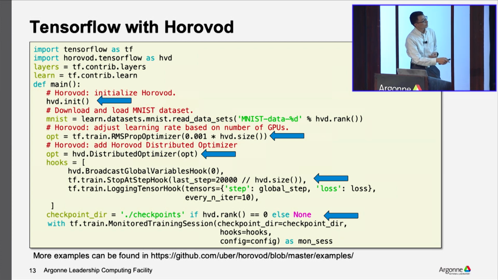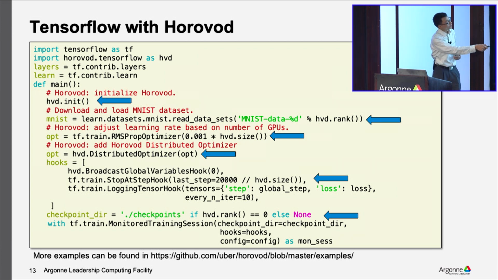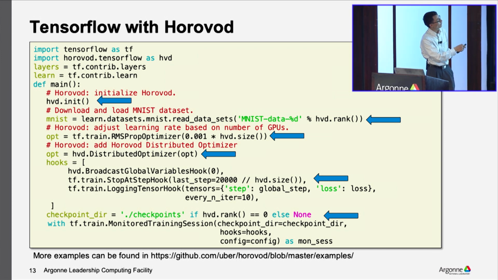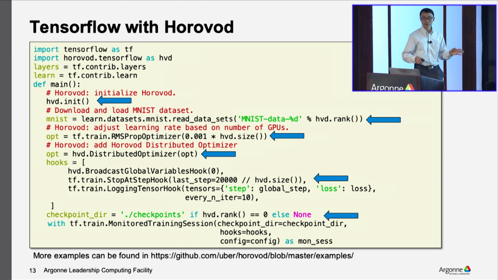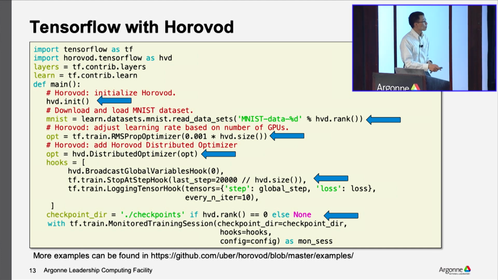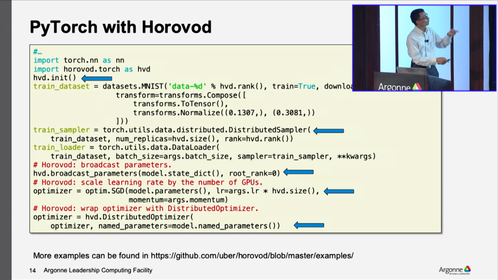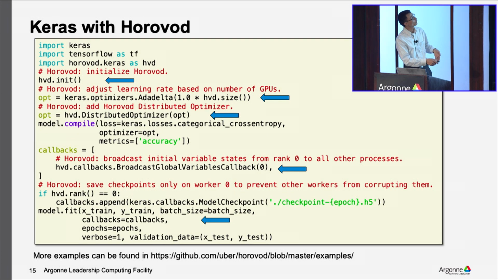The other thing is regarding the data. Here, each rank will see the entire data set, and the number of steps is divided by the number of workers, so it contains fewer steps. I won't go into detail, and there are examples for PyTorch and Keras. You can find more on this website.